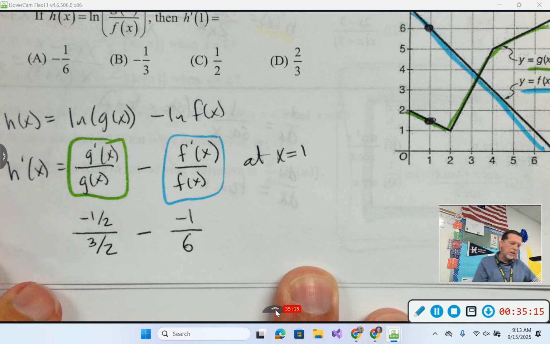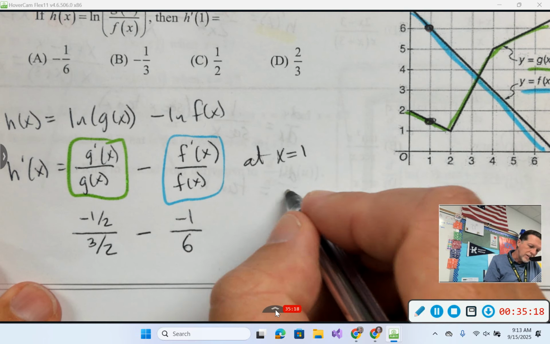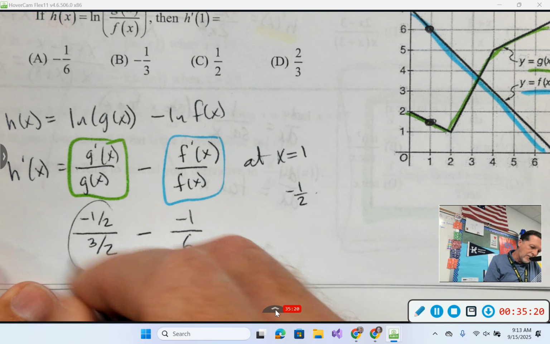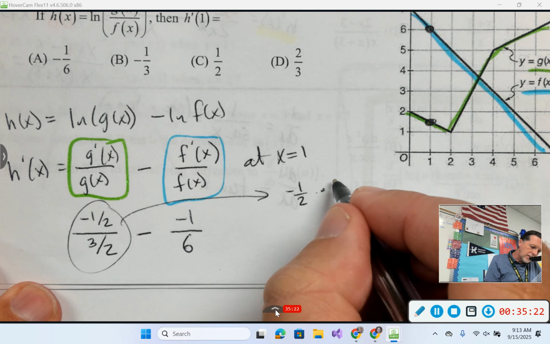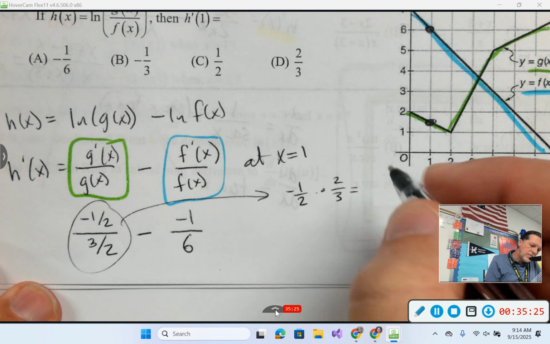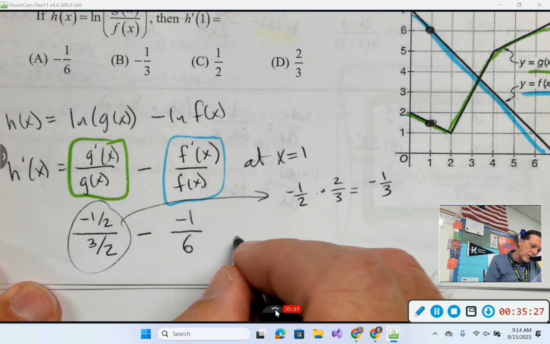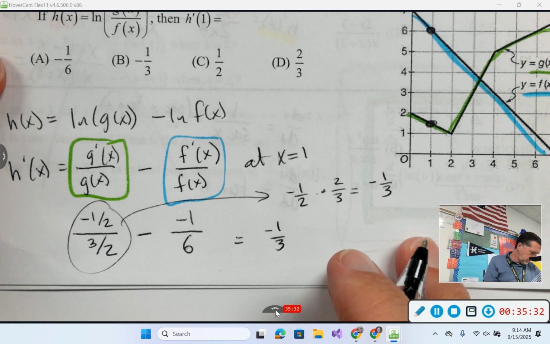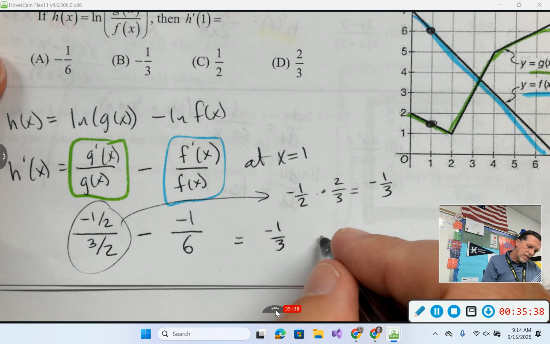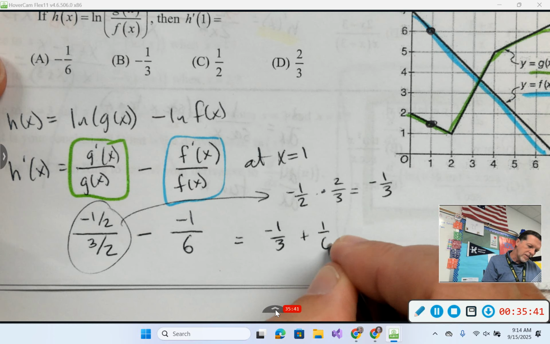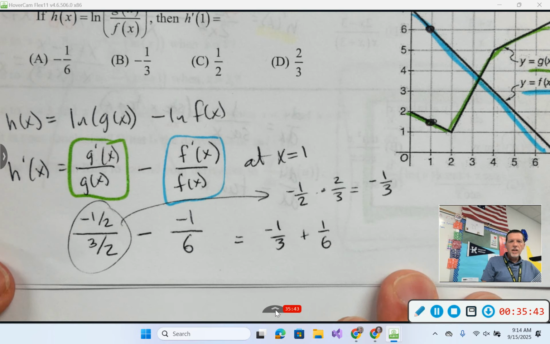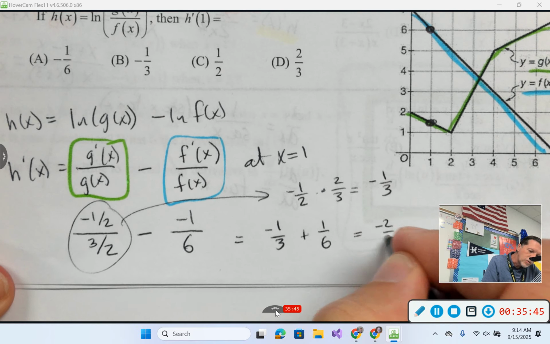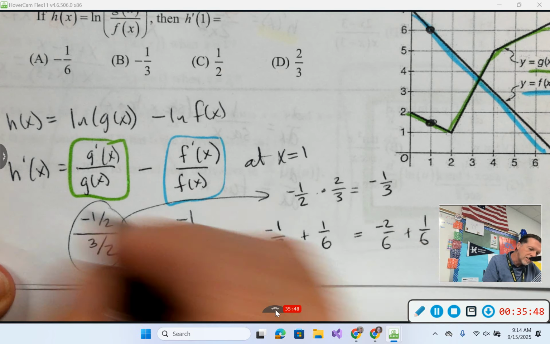Slopes and y values. And now I've got an algebra problem to deal with. So negative 1/2 times 2/3 would be negative 1/3. So negative 1/3 plus 1/6 would be negative 2/6 plus 1/6 is negative 1/6.